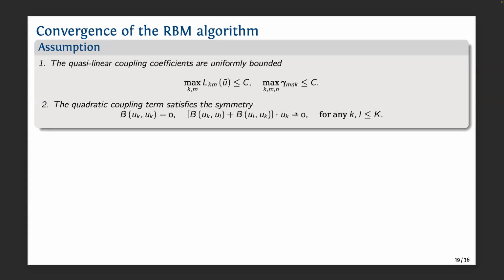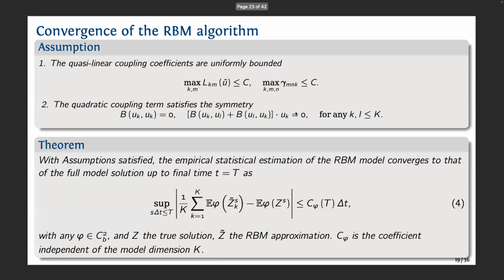So here is the assumption of the model. We assume the instability is not too large and the coupling is uniformly bounded. That's pretty common for all the systems. And this is the energy conservation property we will need for each mode. That is, energy transfer from mode K to L should be the same as from L to K. That's a symmetry we have so that the energy can be derived.